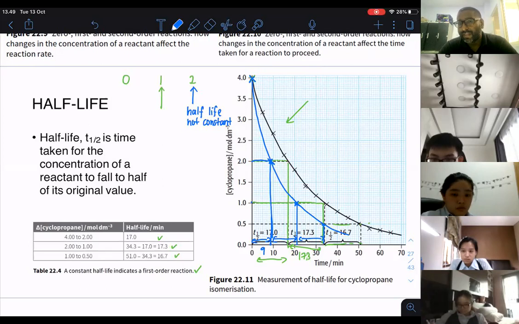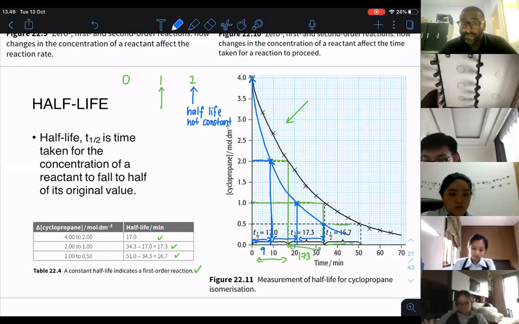If something has a short half-life, it takes a shorter time to become zero, a shorter time to become safe.